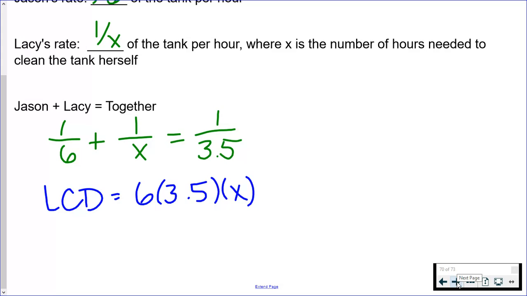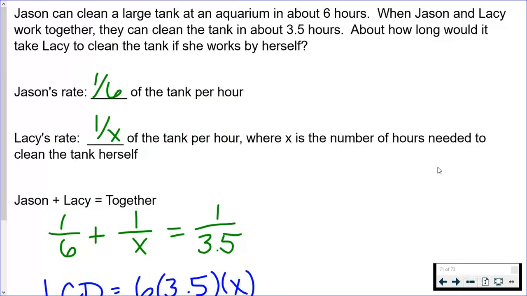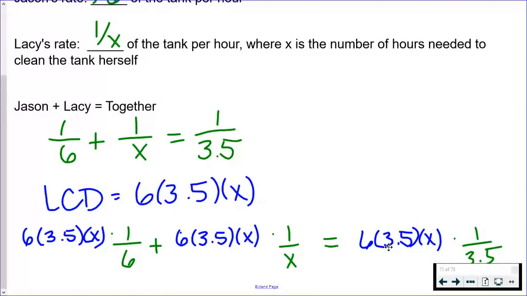What I'm going to do with the common denominator is multiply all 3 terms by the common denominator. Again, I haven't multiplied anything. I'm literally just writing all 3 of those terms in my common denominator next to all 3 terms of the equation. Now, what happens is the denominator is going to cancel out in all 3 terms.